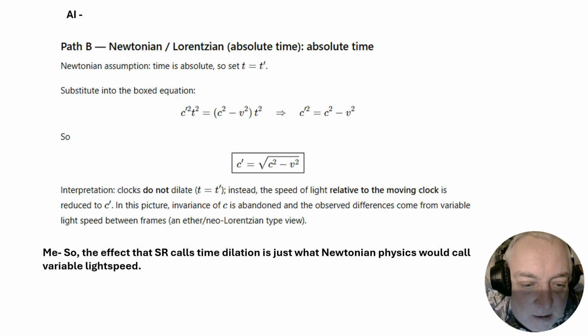And path B, you end up with Newtonian Lorentzian absolute time, and I've gone into that also. So the effect that special relativity calls time dilation is just what Newtonian physics would call variable light speed. So you're changing your concept here. What Newtonian physics is treating as variable light speed, special relativity, you could change that concept and have time dilation instead.